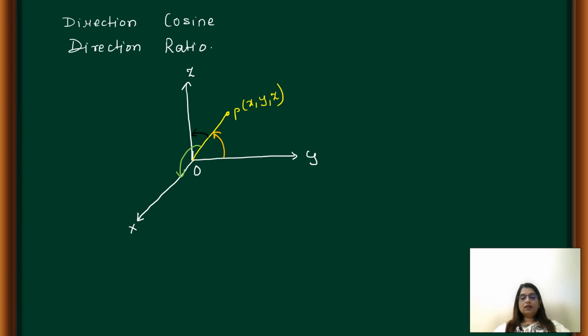This angle here we call alpha, this angle here we call beta, and this angle here we call gamma, correct? Remember, we had seen this.